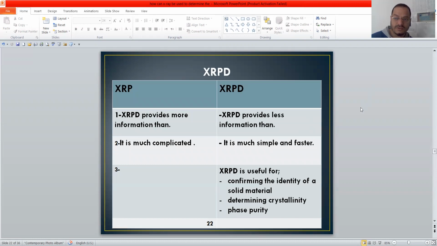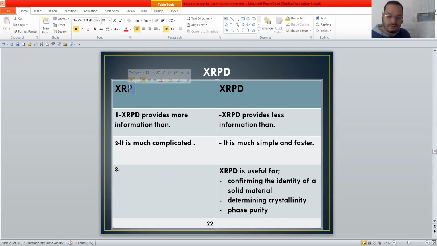Let's take a look. It's clear. It's better for us. Providing less information is not important to us. It is much simpler and faster than normal X-ray diffraction.